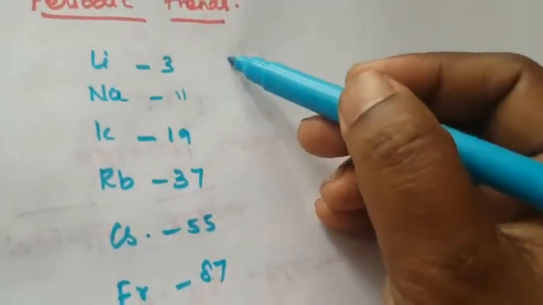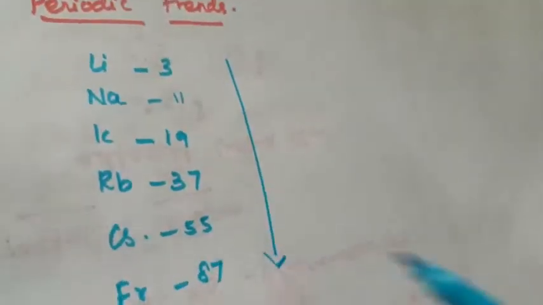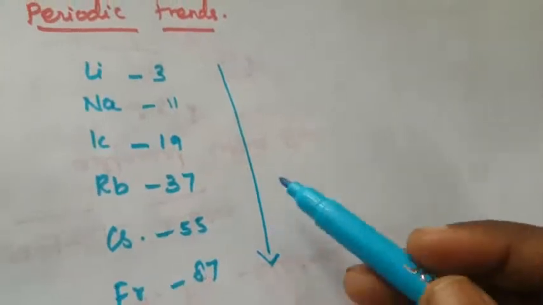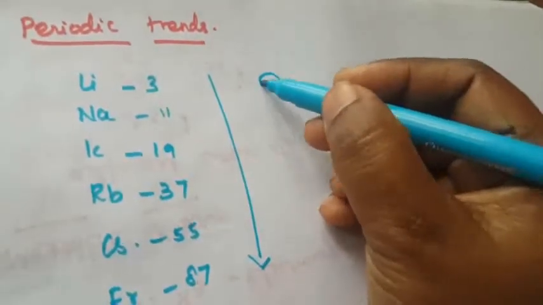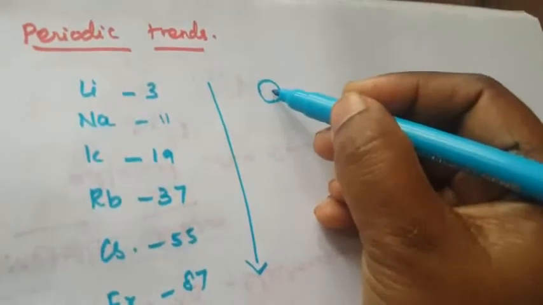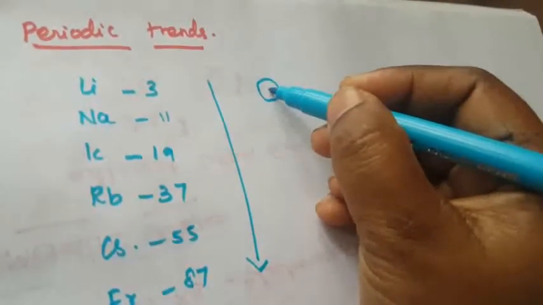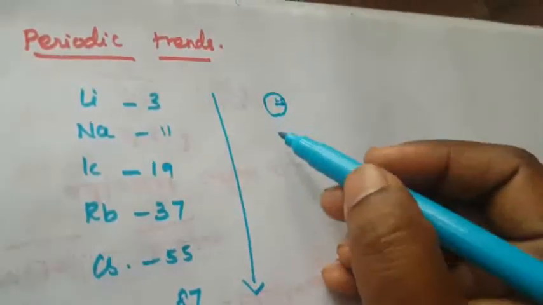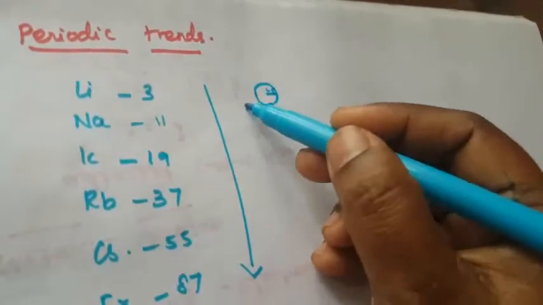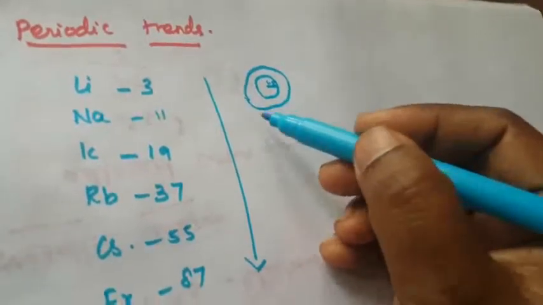From top to bottom, the atomic radius increases. What is the reason? Suppose the lithium atom is like this, with atomic number 3, and the size is 1.5. Now sodium is 11, so the size increases.